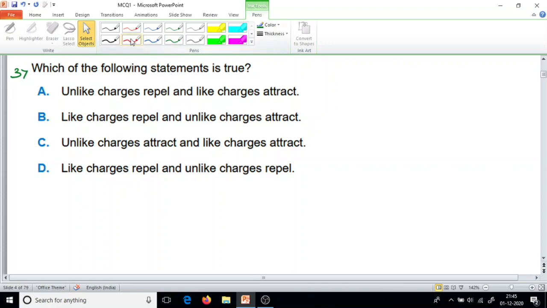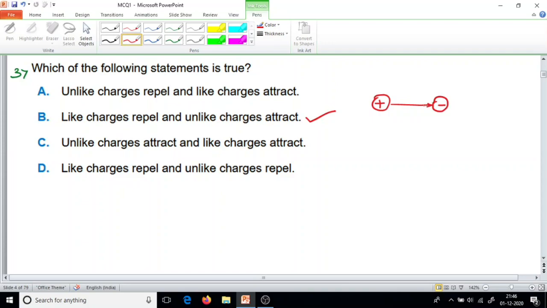Question number 3. Which of the following statements is true? Unlike charges repel and like charges attract. It is false. Like charges repel and unlike charges attract. This is true.